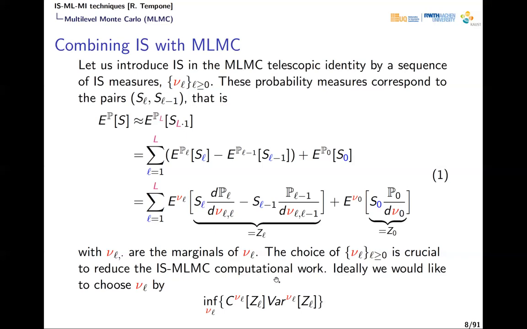In that sense, what we need to do then is to minimize the product of the variance of these ZLs times the corresponding cost of sampling the ZLs under the joint measure nu L's. And this is done for each of the L's, right? And this gives us the optimal choice. Now, this optimal choice is ideal, and in practice is very difficult to obtain. Therefore, we get some proxies that eventually yield a computational advantage still when compared to non-importance sampling multi-level Monte Carlo.